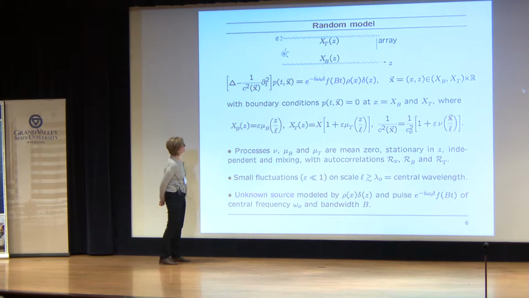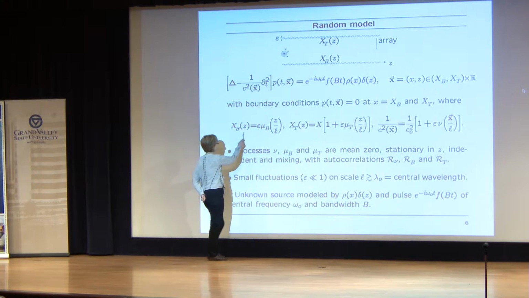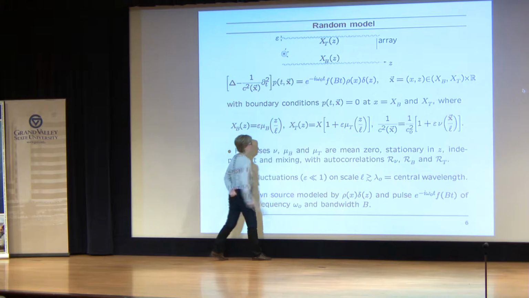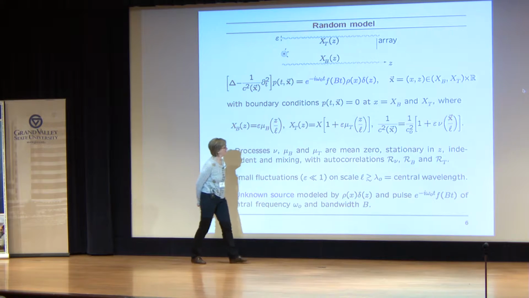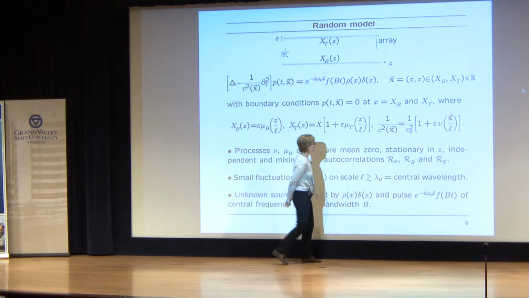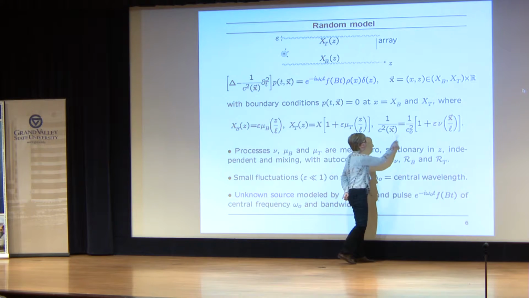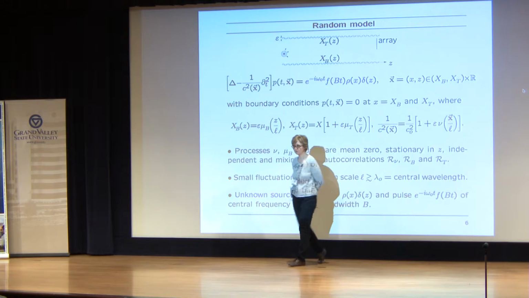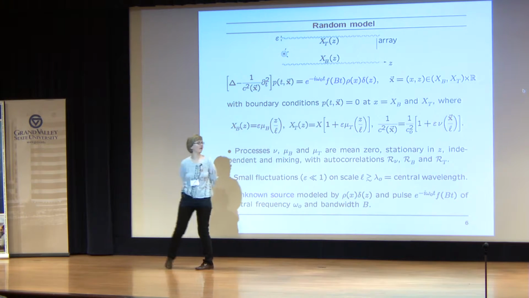And now you see that the waveguide has random boundaries, which this is the bottom boundary and this is the top boundary. And we also have a random medium, which we model with a random wave speed here. Okay, so here I took a very simple model.